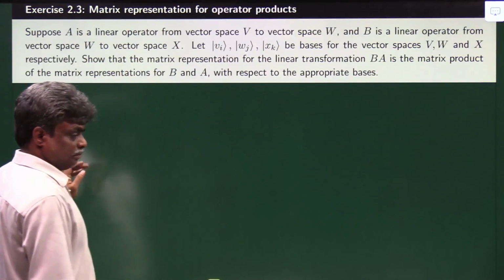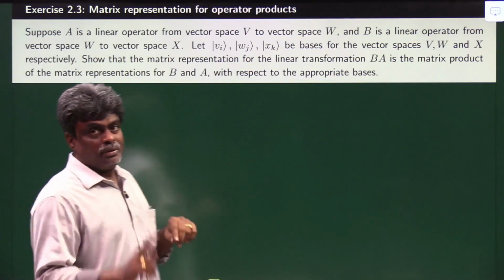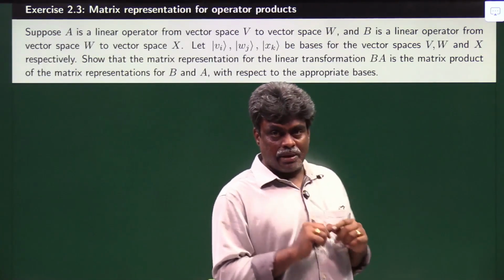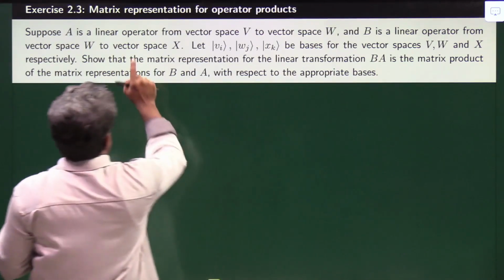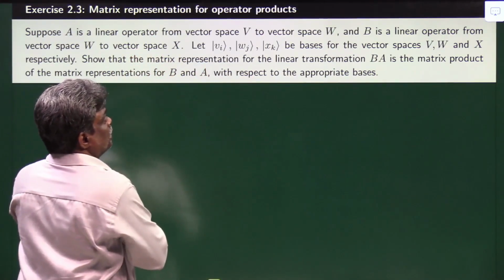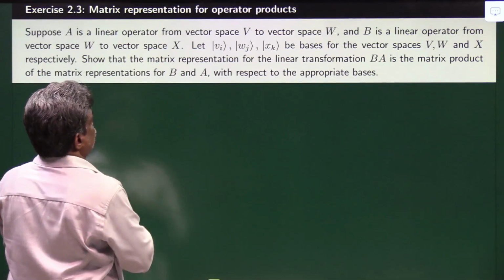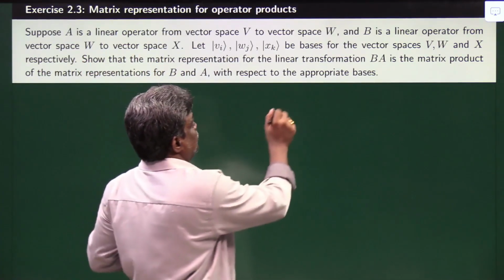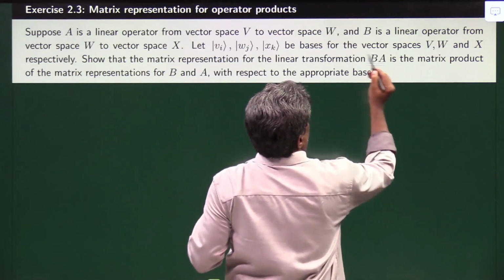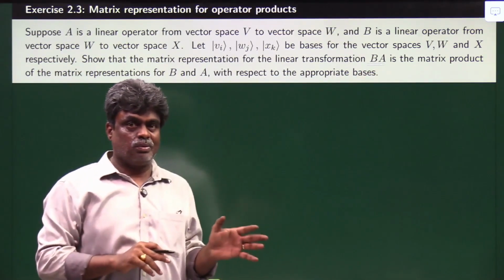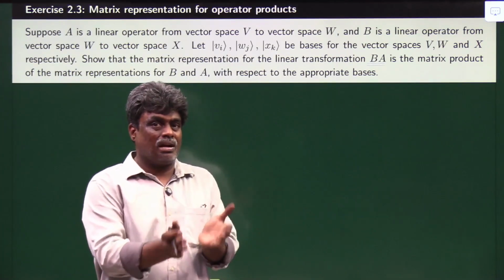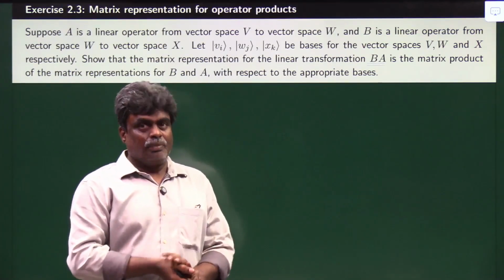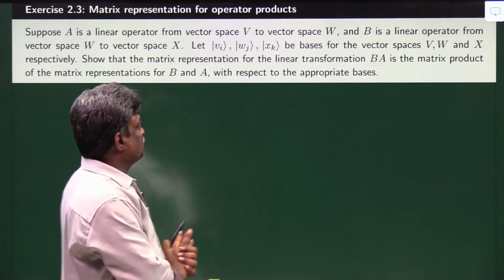The third question. In this question they have defined two operators A and B. A transforms V to W and B is a linear transformation from W to X. What they are asking is that the combined linear transformation BA is equal to the matrix product of B and A with appropriate bases, something like that.